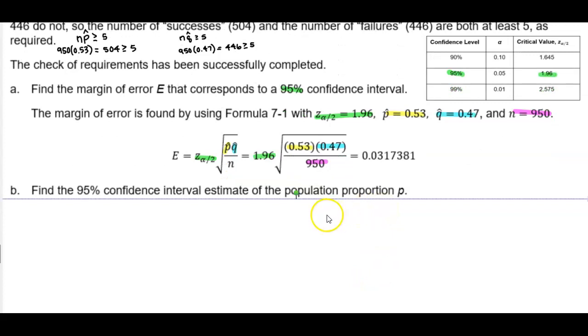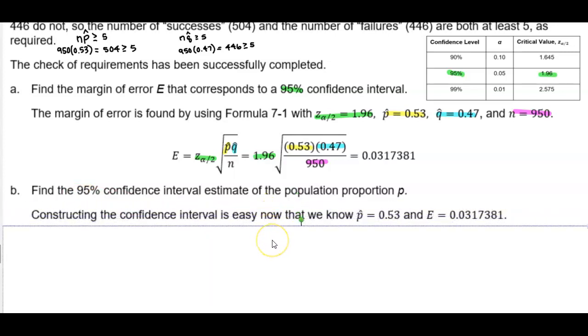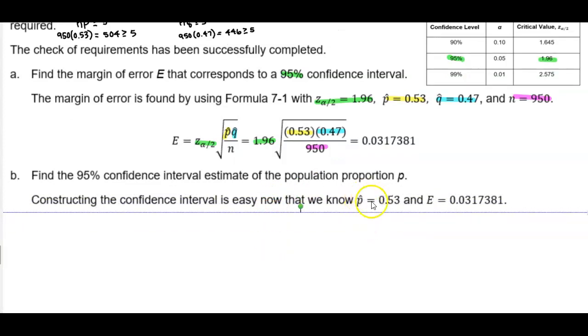Okay, now we want to find the 95% confidence interval estimate of the population proportion p. Constructing a confidence interval is easy now that we know that the point estimate is 0.53 and the margin of error is 0.0317381. Take note, I did not round the margin of error because we don't want to round it until the very end.